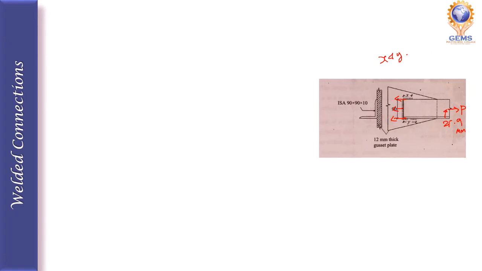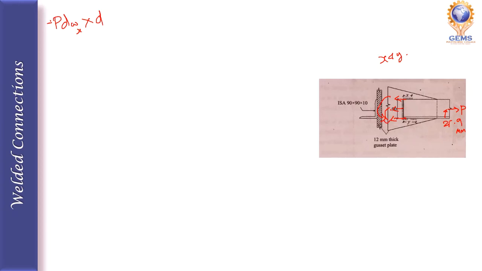Moment is force into distance. So here at x, it is anti-clockwise: design shear strength of the fillet weld at x into distance. Then where it is 90, here also one moment will come.